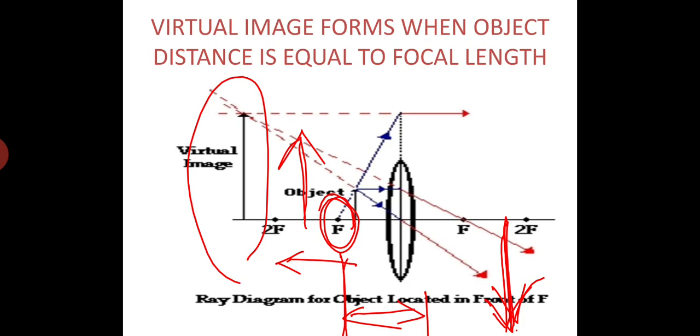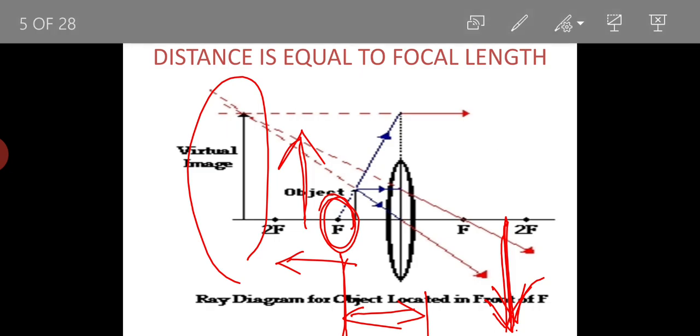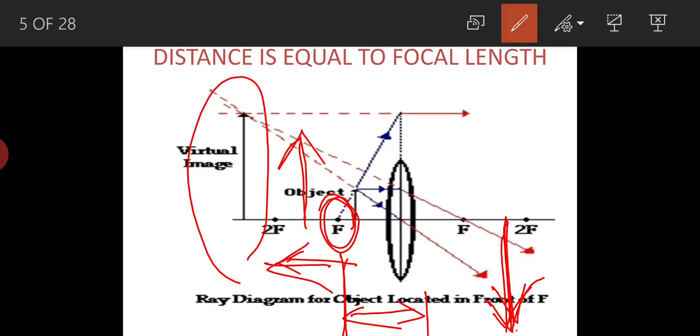In order to observe a virtual image, the limit is that the object should be placed up to the focal length. Beyond the focal length, the object will form a real image. Inside the focal point, if you place the object, then you can observe a virtual image.